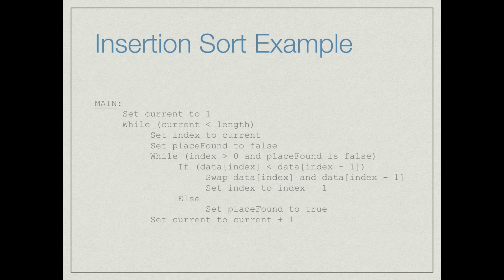So moving through the second loop, whatever data in index 2, we compare it against the data in index 1. If it is less than, we swap them. And then we move backward through the array. So 2 minus 1 is 1. So we now compare against index 1.